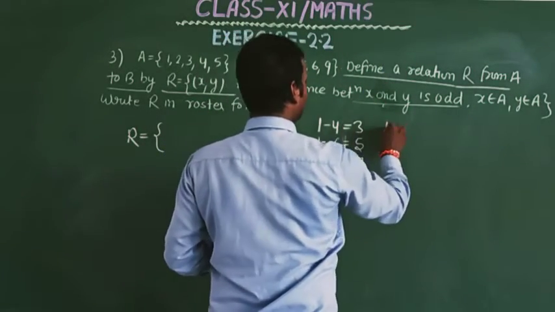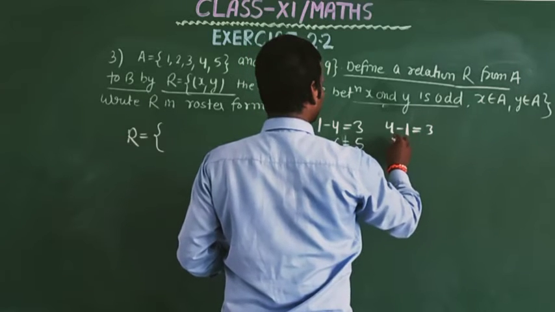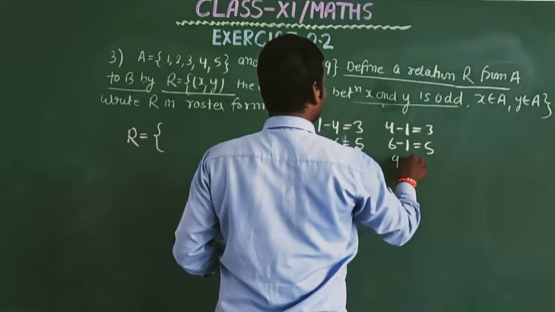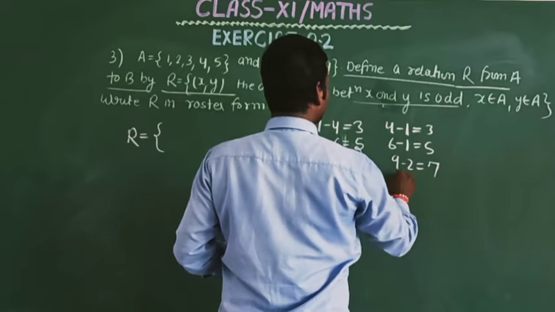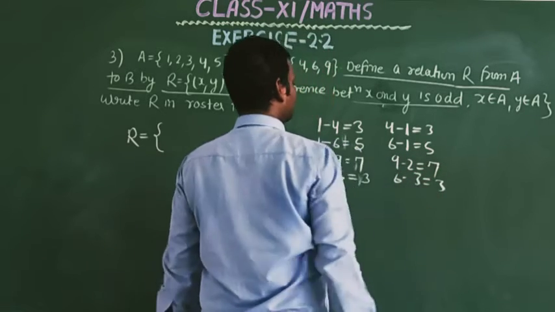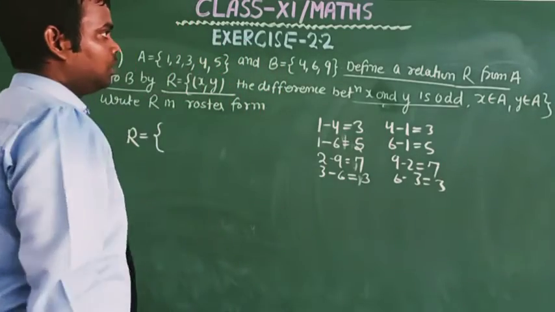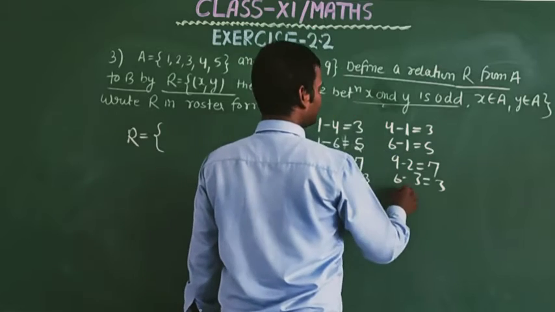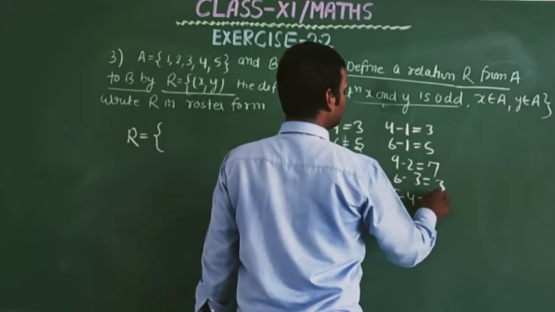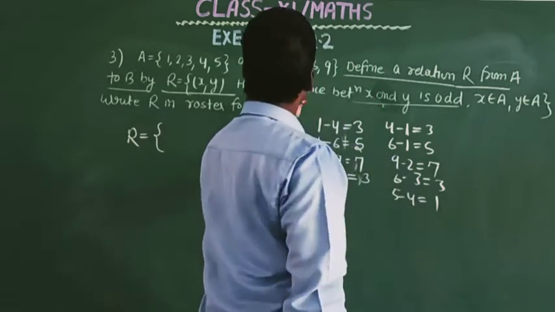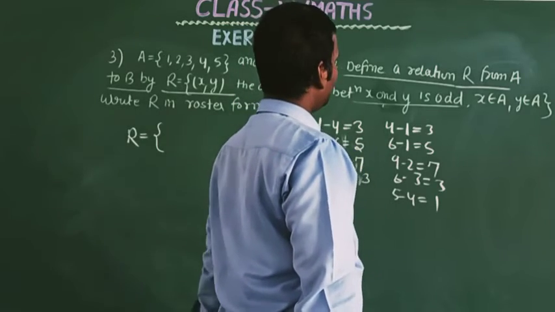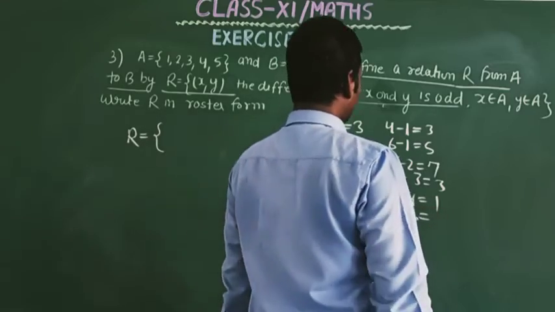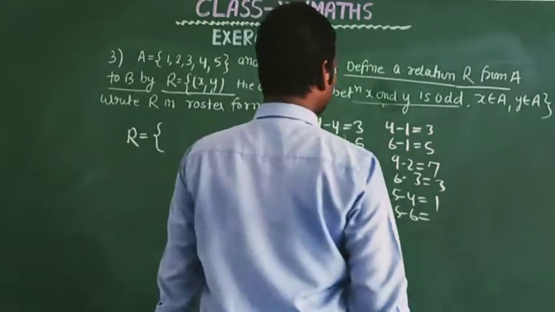Next, 4 minus 1 equal to 3, also 6 minus 1 equal to 5, 9 minus 2 equal to 7, 6 minus 3 equal to 3, and next 5 minus 4 equal to 1, and 5 minus 6 equal to also 1.